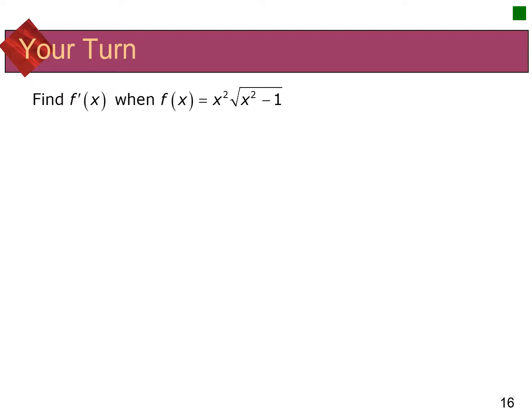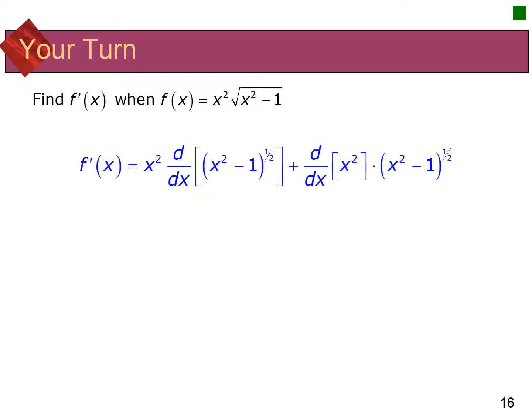But before I got started, since I did start with the square root symbol, we don't really have a definitive rule for radicals. We do have a definitive rule for powers. I did kind of 2 steps here. I rewrote the square root of x squared minus 1 as x squared minus 1 to the 1/2.